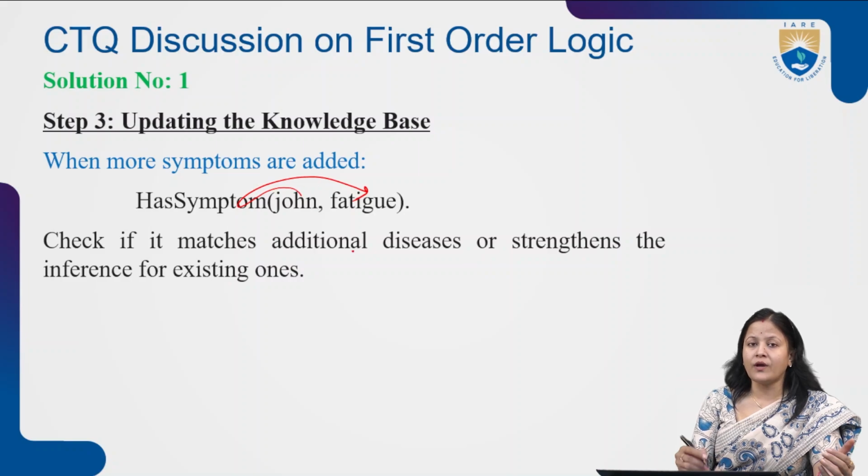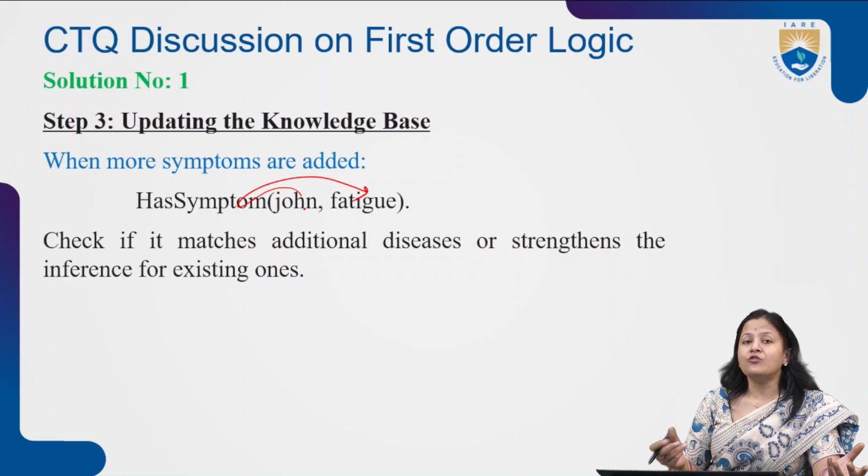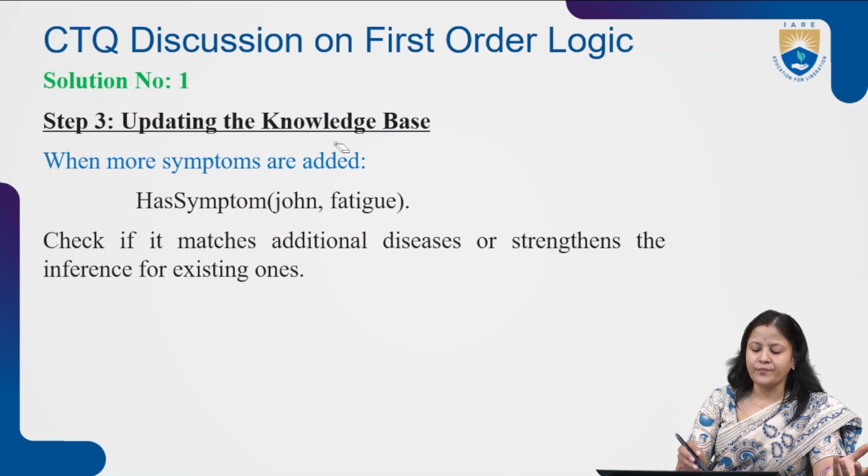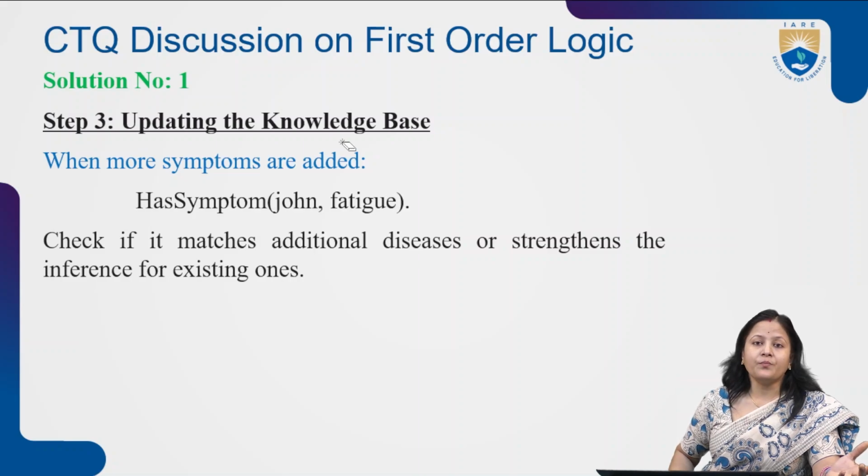If it matches, it will derive the conclusion based upon the matching rules. If it is not there, then this rule will be added inside the knowledge base and it will try to correlate with flu or some other diseases. If John is having fatigue, fever, cough, cold, then what could be the condition? Any new thing that comes into the picture will be added inside the knowledge base.